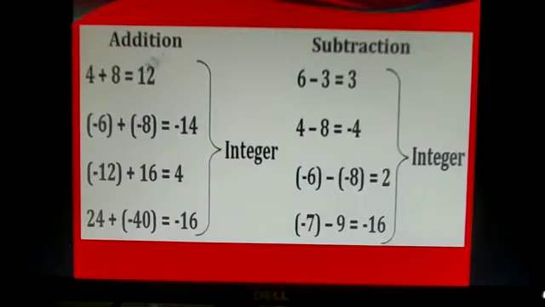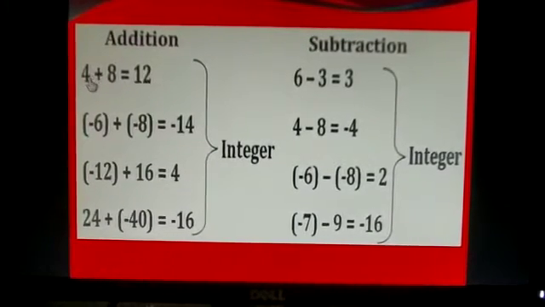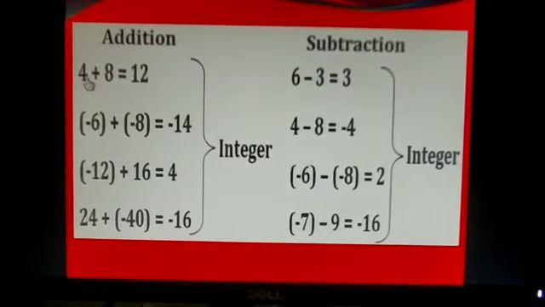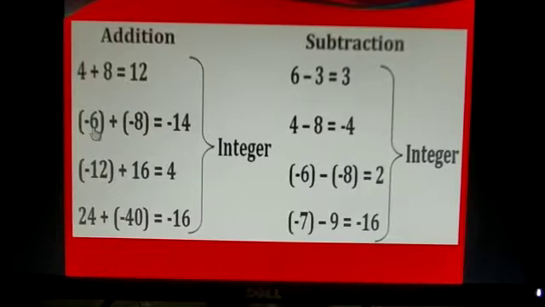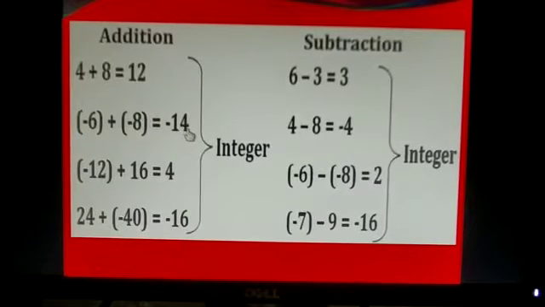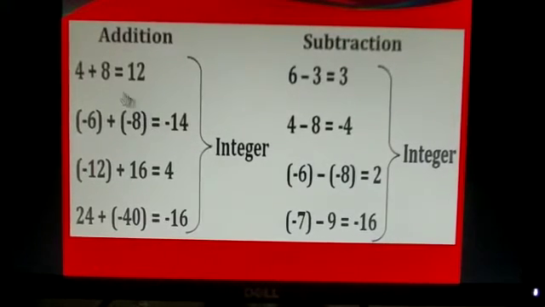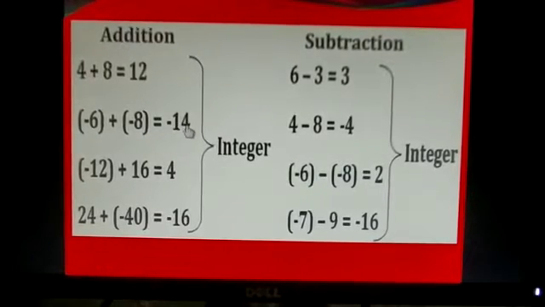In the case of addition, 4 plus 8 is equal to 12. Both integers are positive integers, so its sum is also a positive integer. The second case, negative 6 plus negative 8 is equal to negative 14. These two integers are negative integers.